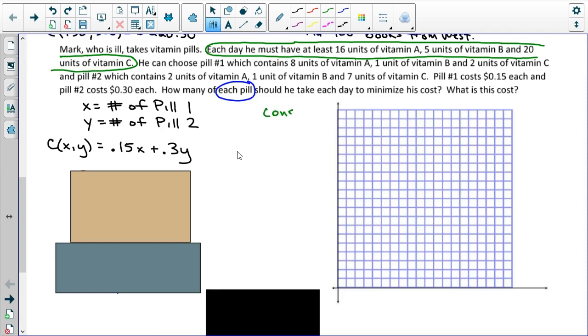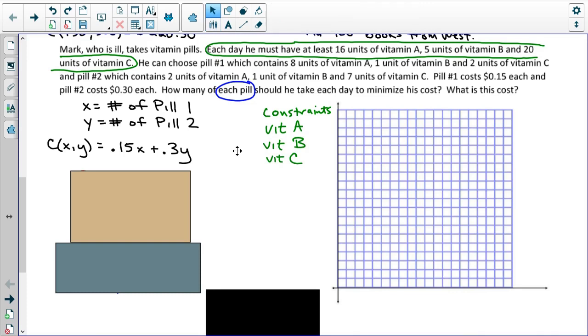Our constraints are going to deal with vitamin A, vitamin B, and vitamin C. Since those are the equations or inequalities I'm going to be dealing with, that may actually help me out a little bit.